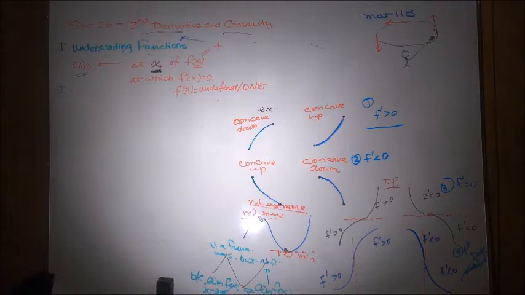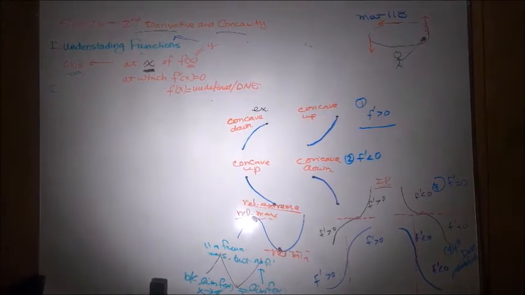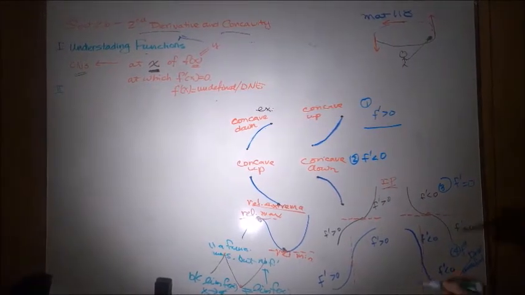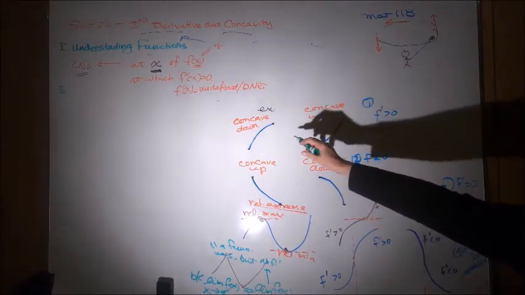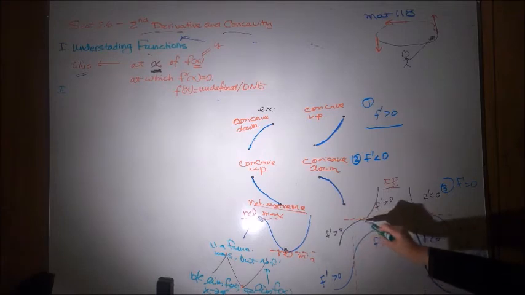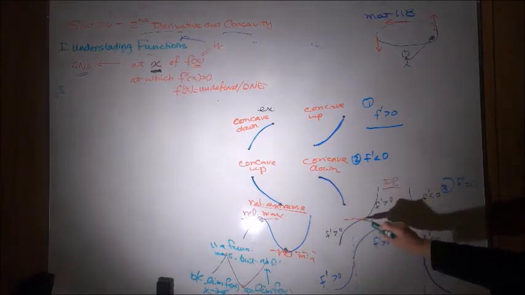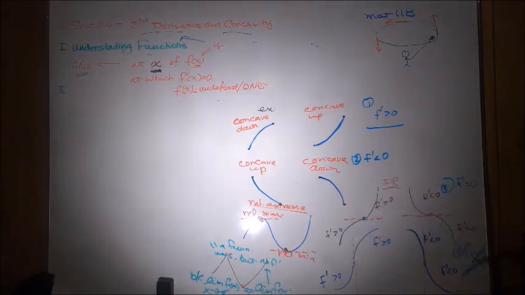So the inflection points we are talking about are those where the shape of the concavity changes. So like this one, concave down to concave up. So at this point, we call it an inflection point.